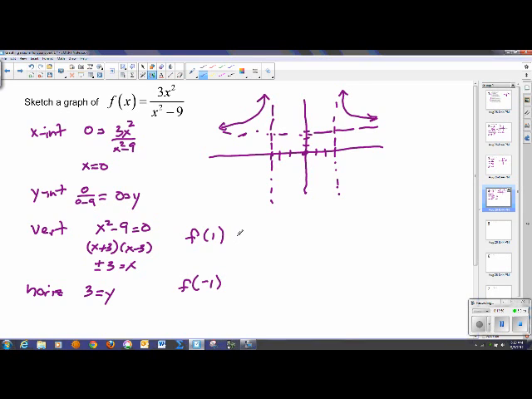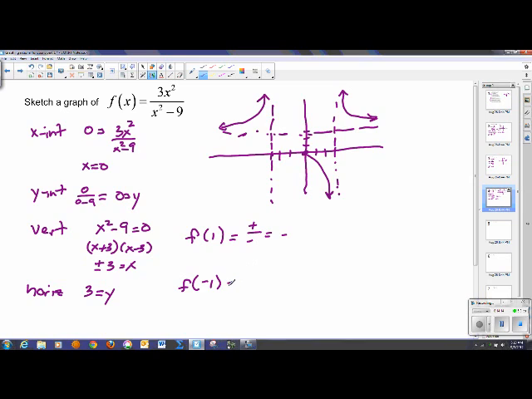When I pick f of 1, notice in the top I get 3, which is a positive number. In the bottom, I get negative 8, which is a negative number, and that divides to a negative value. So to the right, I get a negative value.